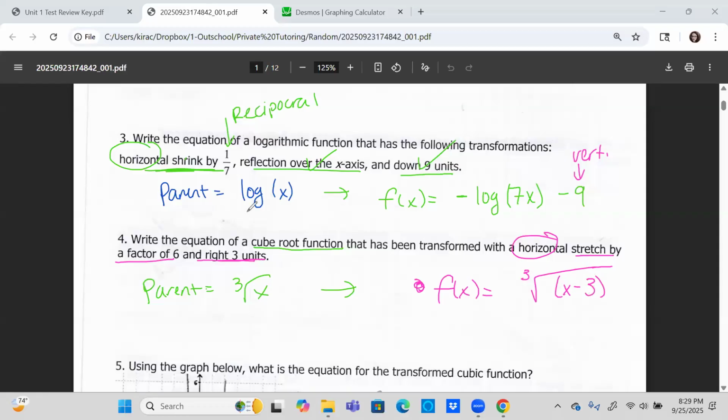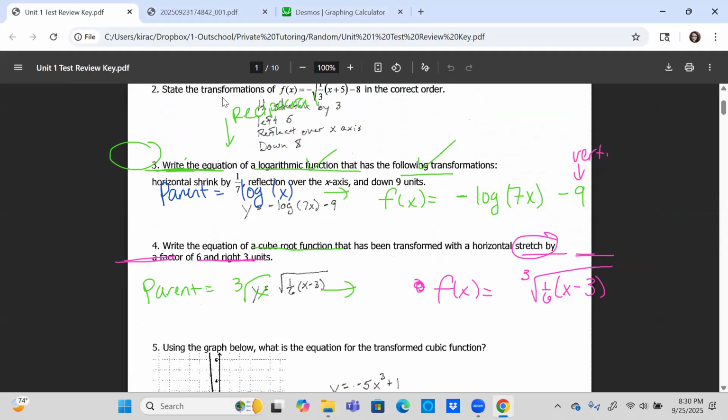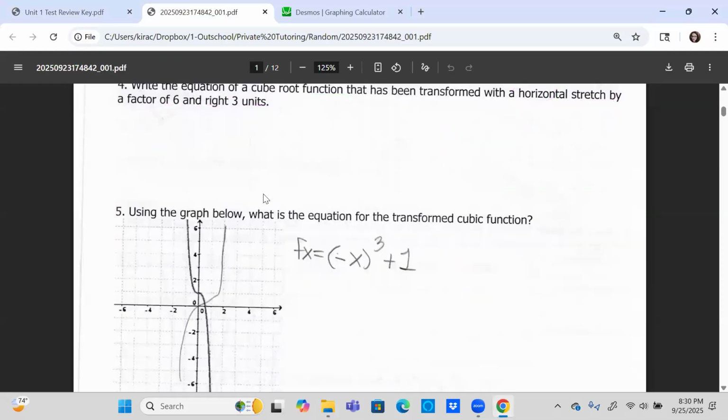There we go. And then stretch by a factor of 6 horizontal. So again, we have to do the reciprocal of 6, so 1/6 on the inside. Okay, I'm going to check those. Yep. Yep. All right. I won't take those to Desmos, but you're welcome to if you'd like.